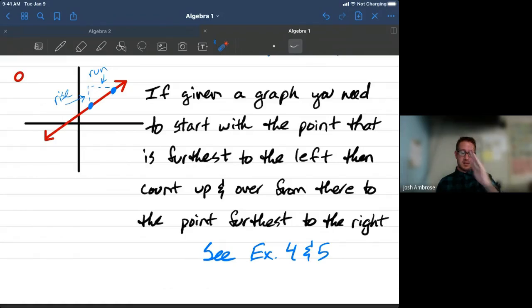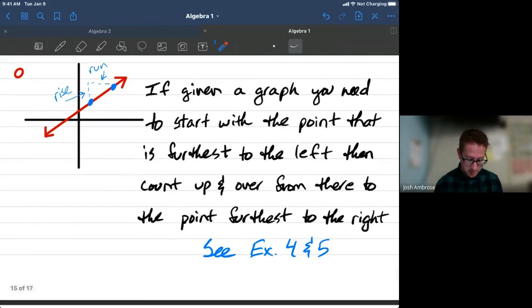That is your rise. Then from there, count over. That is your run. And that is how you're getting to the second dot. Rise over run. That's what's going to create the slope. Again, you want to see this? Stick with the video. We're looking at this in example problems 4 and 5. So let's do it.